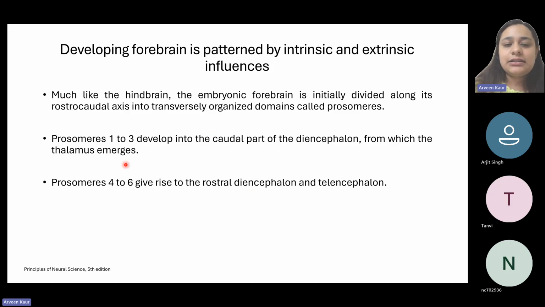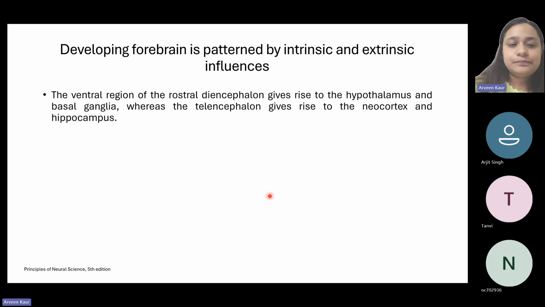So prosomeres 1 to 3 are responsible for the formation of the caudal part, which is the lower part of this diencephalon, right? Then prosomeres 4 to 6 are giving rise to the rostral diencephalon and the telencephalon. So the upper part of diencephalon as well as the telencephalon, which is a part of the forebrain, that is being formed by prosomeres 4 to 6, right?